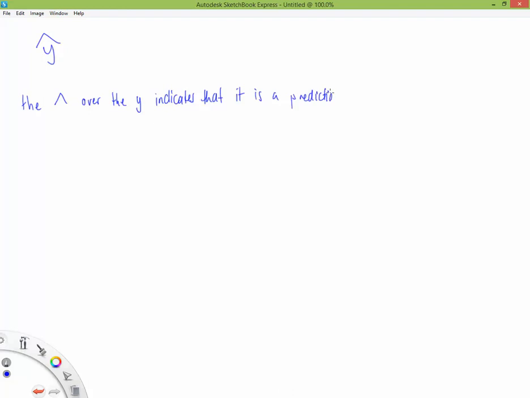So let me illustrate how we might come to a linear regression line with something like Excel.